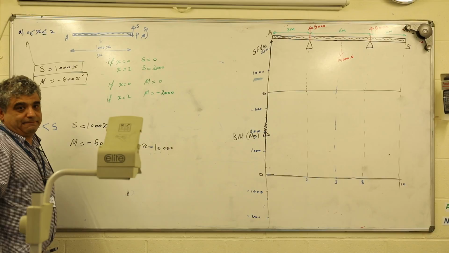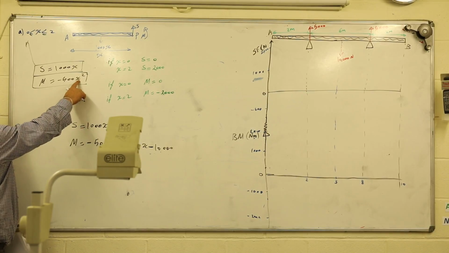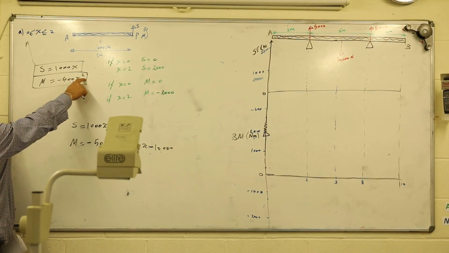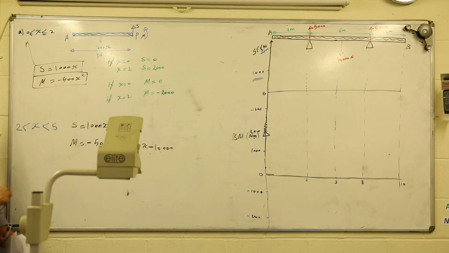Does it make sense? I put x equal to 2, 2 times 2 is 4, 4 times 500 becomes 2000. Yes?